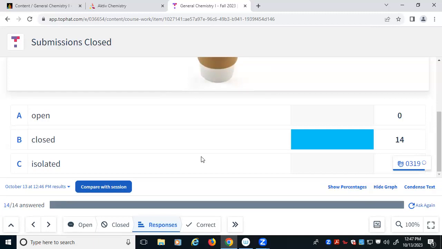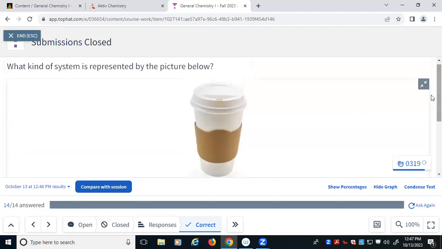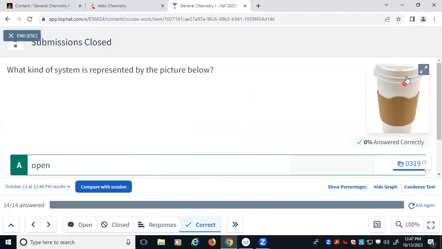I always like this question because when I give this question, it usually sparks some kind of debate. Now, why did I mark this particular one as being open? I want you to look right there.